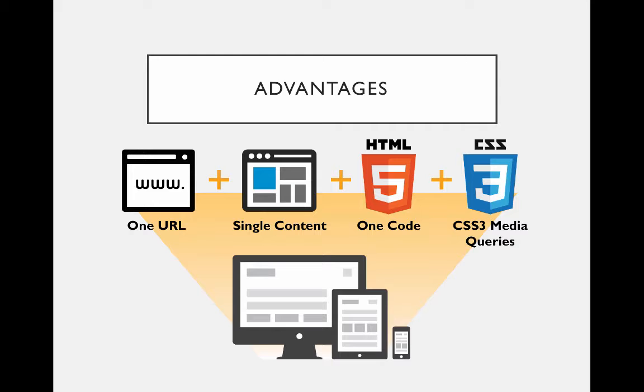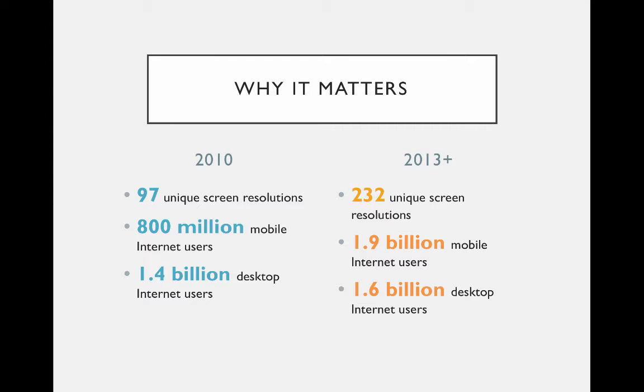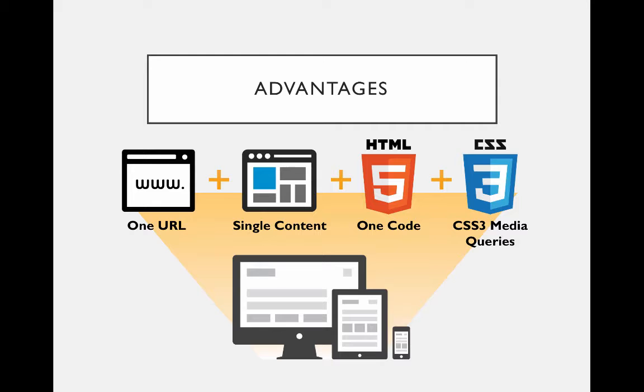The problem was that had to be maintained separately, and they also had their main site. Well, that really only accommodated a couple of different screen sizes: your standard browser window on, say, a desktop monitor or laptop monitor, and a smartphone. It didn't accommodate 232 plus unique screen resolutions.